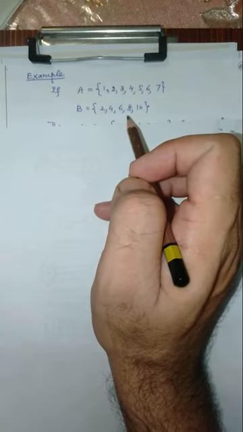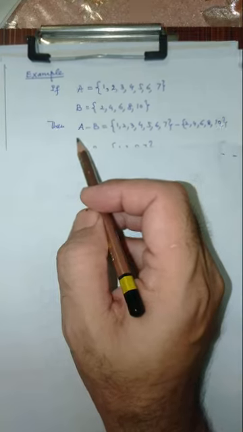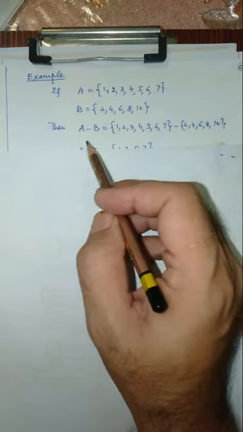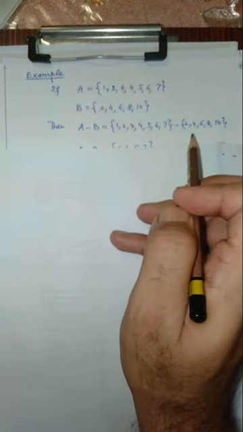Now how can we find the difference of these two sets? First, A minus B or A difference B is equal to set A difference set B.